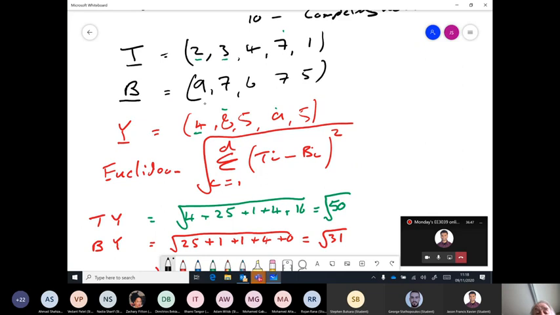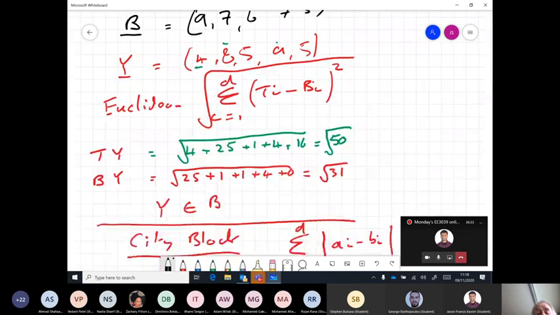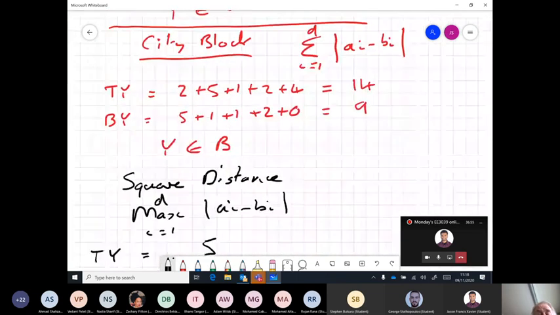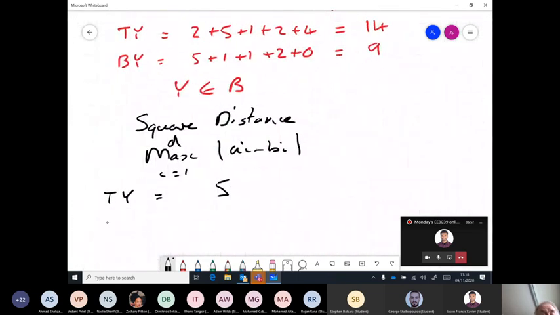The biggest, the maximum value of the mod of pairs of elements is the first one, and it is 5. So BY equals 5. Alarm! The other two distance classifiers give a decision. We are not getting a decision from the square distance.